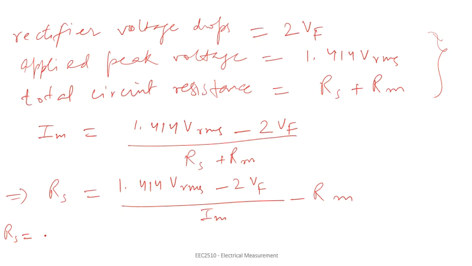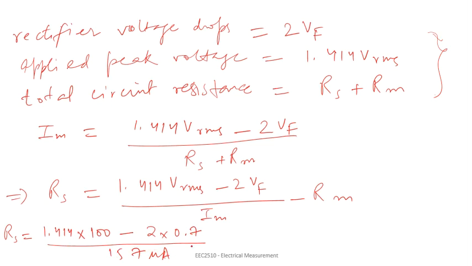So this will be 1.414 multiplied by 100 volt, since the RMS value is 100 volt, minus twice the voltage drop of one diode, which you take to be 0.7 volt, divided by the maximum value of the current, 157 microampere, minus 1 kilo ohm.